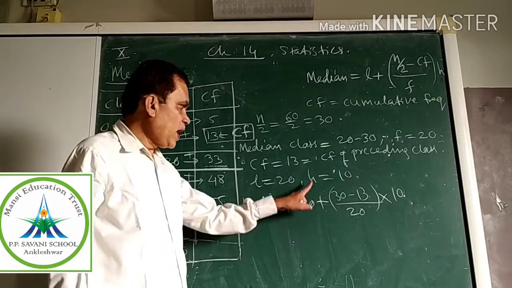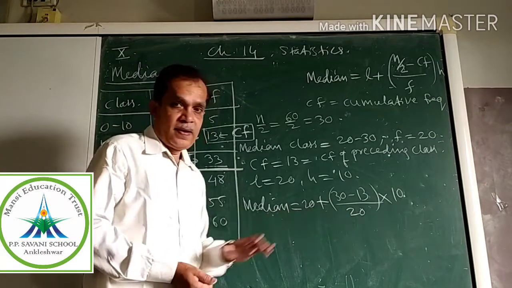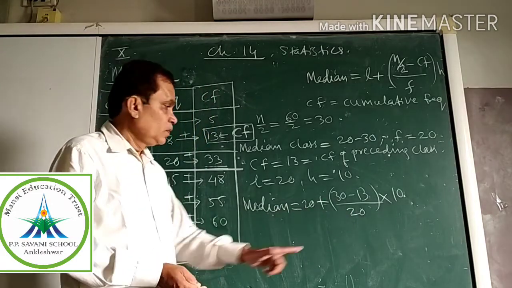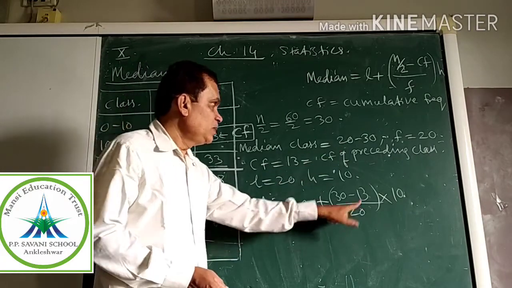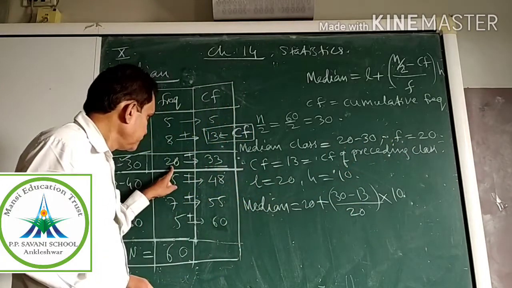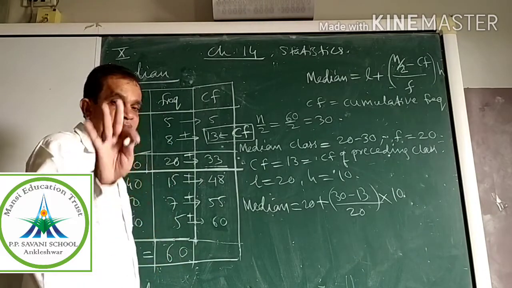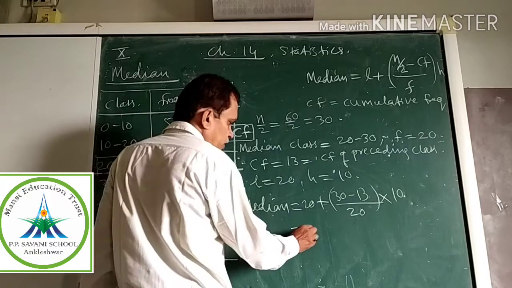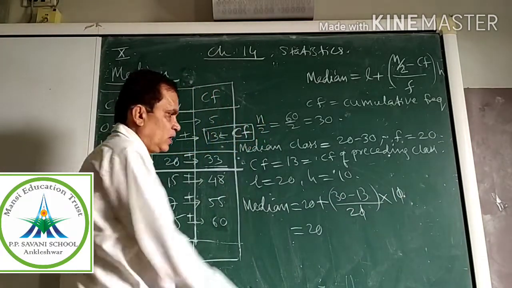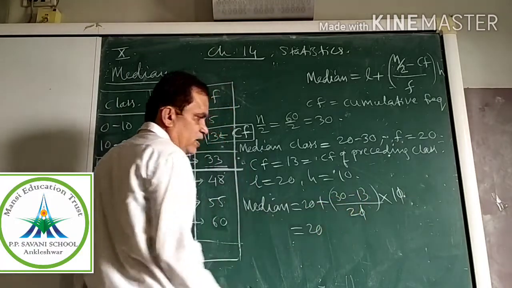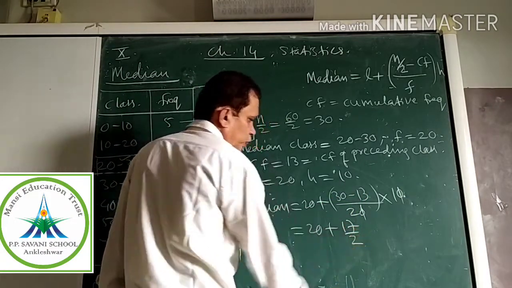Luckily L is also 20, but don't think it is the same number. This is the lower limit and this is the frequency. Now the zeros cancel. 30 minus 13 is 17 upon 2.